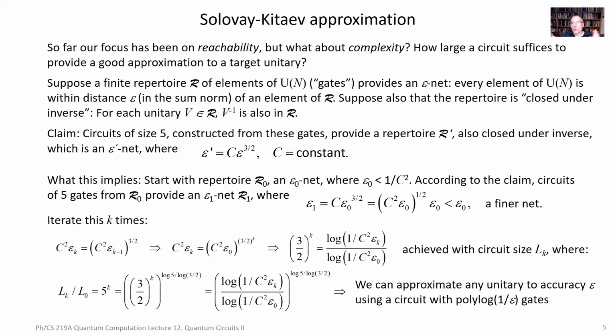I called it a repertoire here and denoted it by script R. And now I'm going to be interested in taking such an epsilon net and making a finer net by composing circuits of the elements of the net.